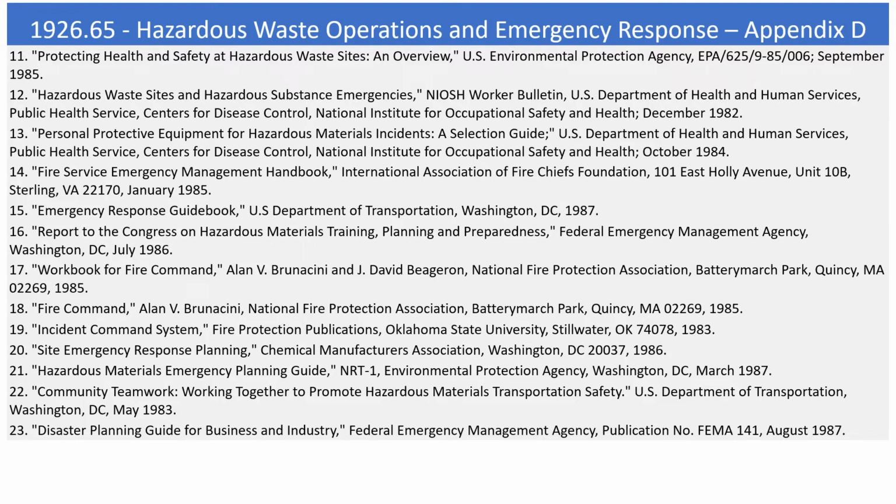Personal Protective Equipment for Hazardous Materials Incidents, a Selection Guide, U.S. Department of Health and Human Services, Public Health Service, Centers for Disease Control, National Institute for Occupational Safety and Health, October 1984. 14. Fire Service Emergency Management Handbook, International Association of Fire Chiefs Foundation, 101 East Holly Avenue, Unit 10B, Sterling, Virginia 22170, January 1985.